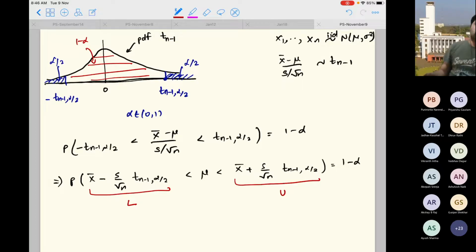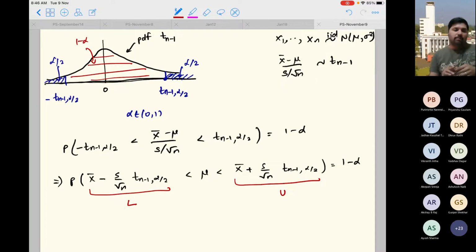So once you have all these values, you can calculate L and U from data, and then you can say that you have, say, 90% confidence or 95% confidence, based on what value of alpha you choose, that the true value of the parameter mu lies between these bounds.